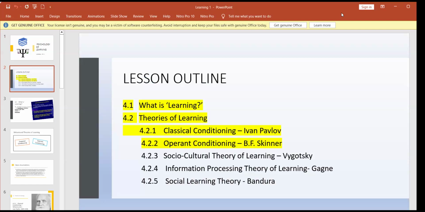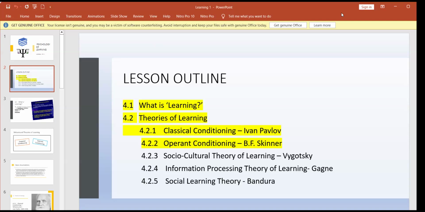We have 5 theories of learning to be discussed in this unit: classical conditioning, operant conditioning, socio-cultural theory of learning, information processing theory of learning, and social learning theory. Lots of theories, but if you are interested, it's easily grasped. This is the outline of the unit. Got it? Yes, madam.